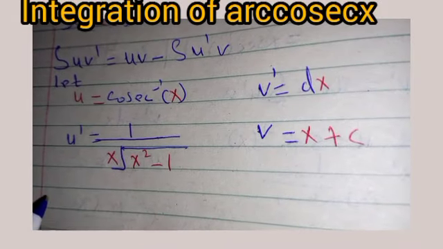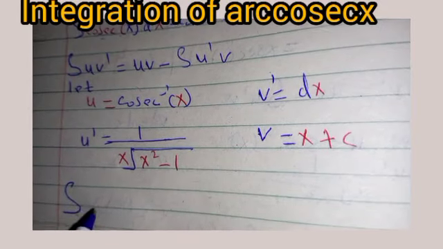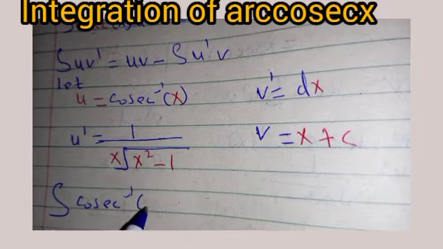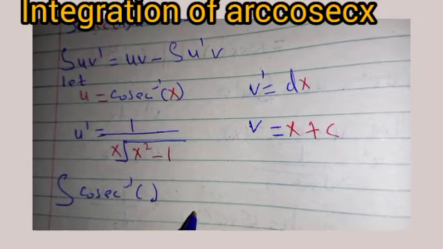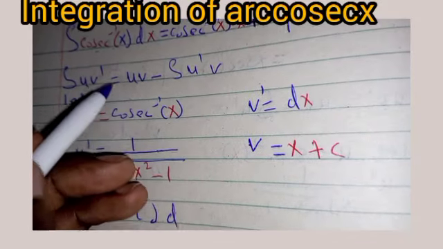We substitute our result. The integral of our u is cosec inverse of x, and our v prime is dx.